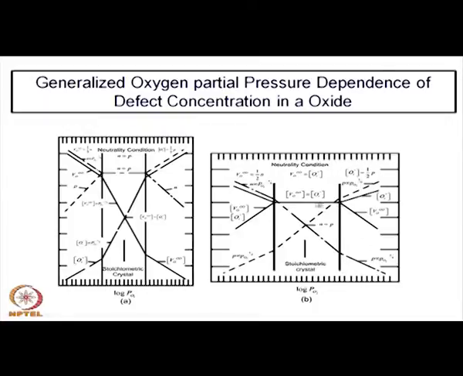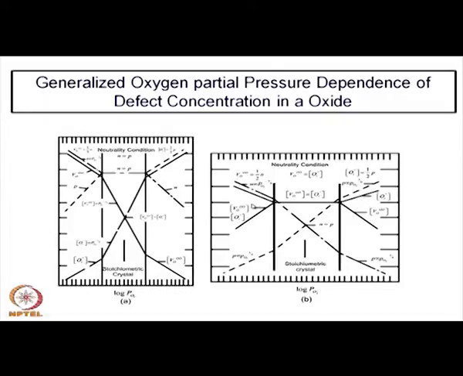At lower oxygen partial pressures this remains constant, independent of PO2, whereas beyond this point there is an enhancement in oxygen ion interstitial as a function of PO2. So, that is how this boundary is characterized, where it changes from a PO2 independent region to a PO2 dependent region.